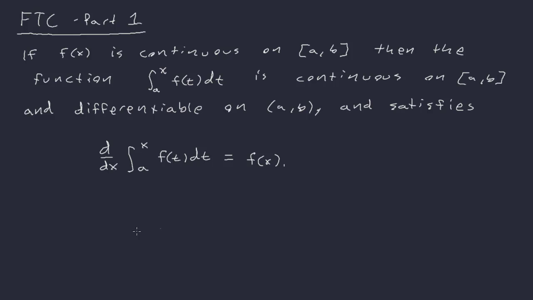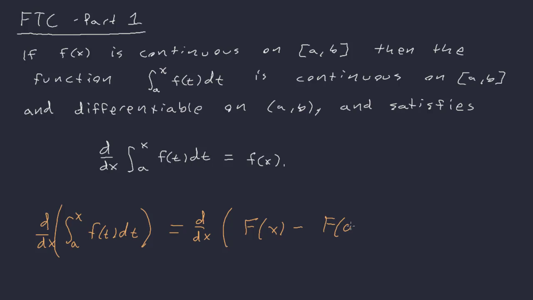f of x. And the reason for this, if you think of the second half of the fundamental theorem of calculus, if you are trying to take the derivative of this function, the definite integral from a to x of f of t dt, by part 2 of the fundamental theorem of calculus, the one that we've really been dealing with, this is going to be the derivative with respect to x of, well, again, by the fundamental theorem of calculus, capital F of x minus capital F of a, where capital F is an antiderivative of little f.